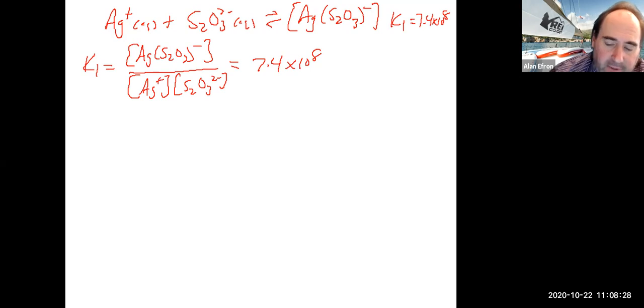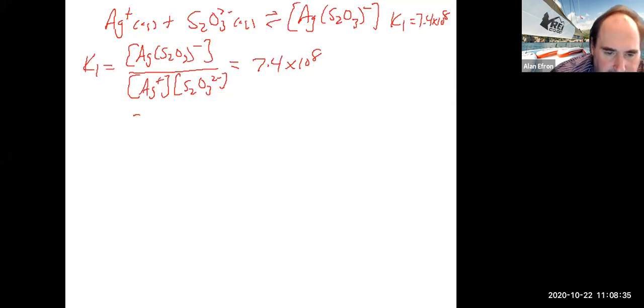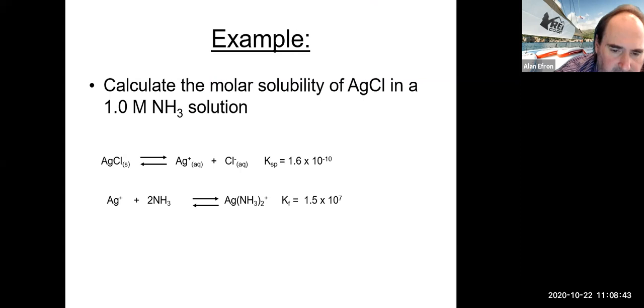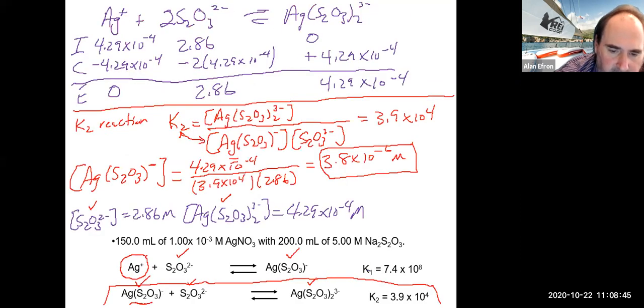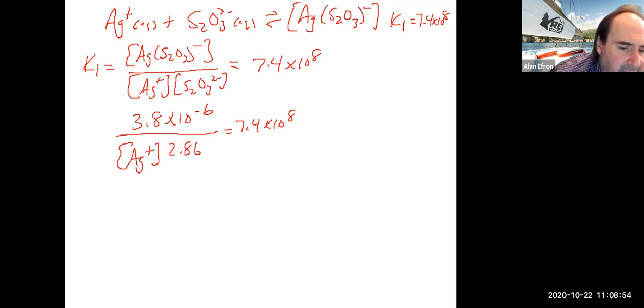Again, we have these numbers from our previous calculations. So that was 3.8 to the minus 6. The silver we're looking for, and our S2, whoops, wrong way. S2 was 2.86, and that's going to equal 7.4 times 10 to the 8. Again, basically the silver and the K1 switch places.